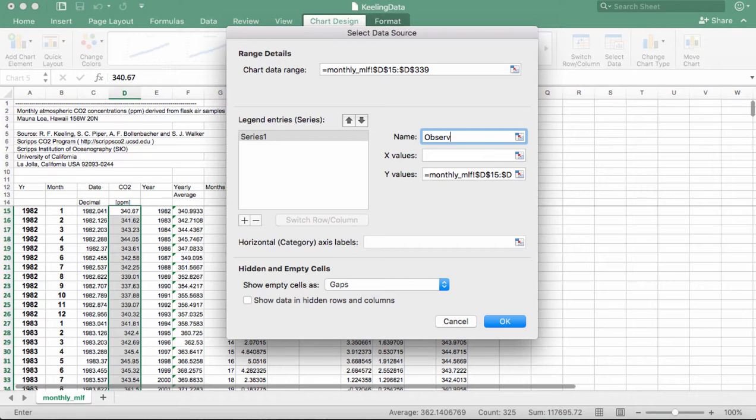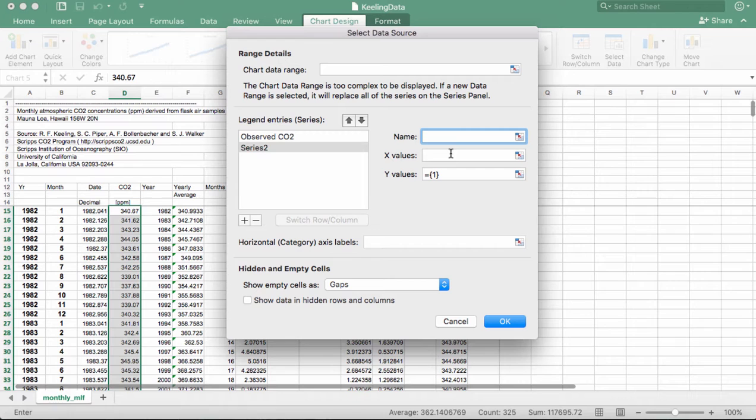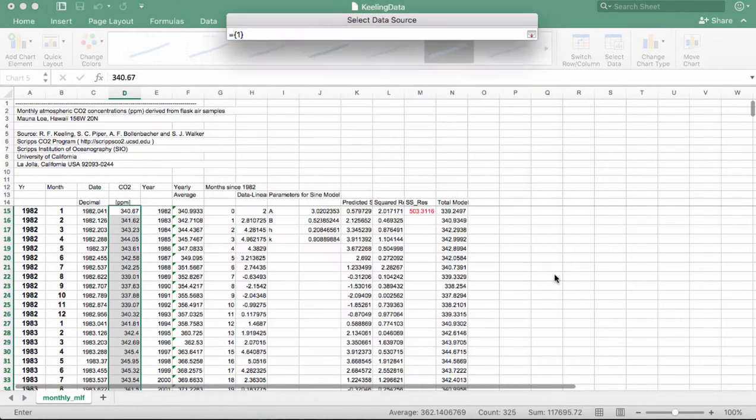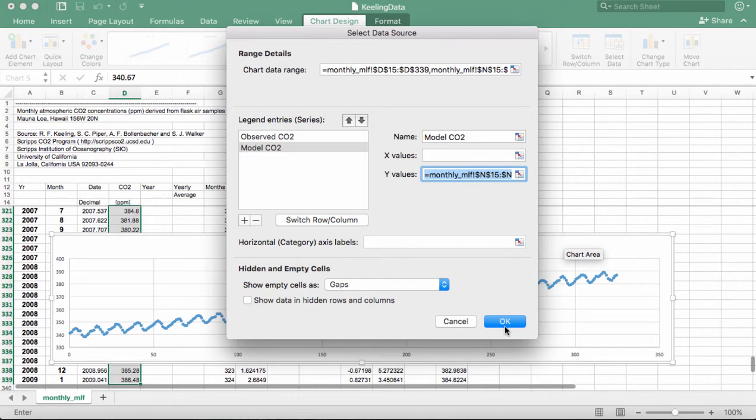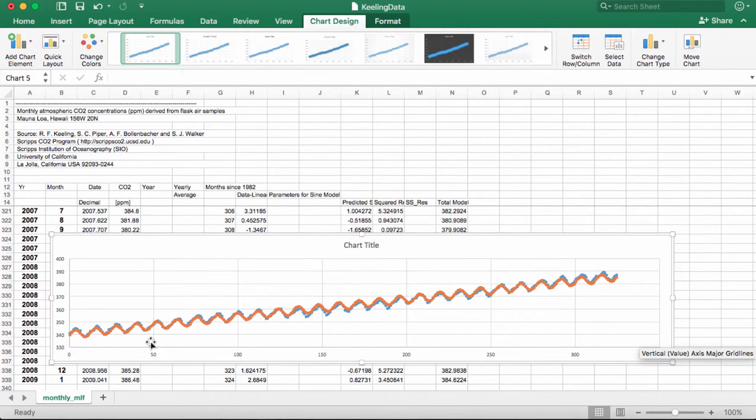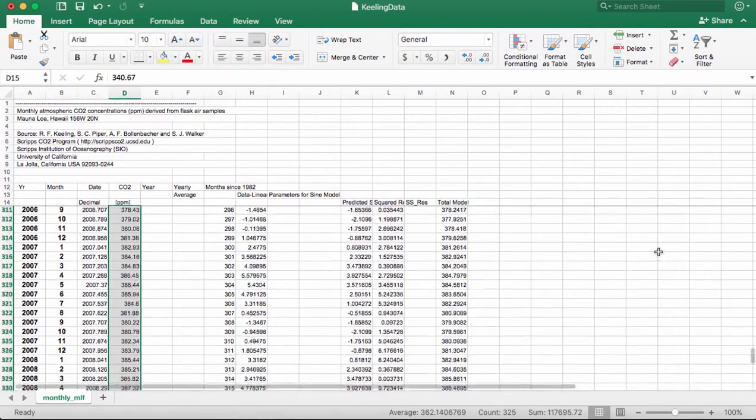So this was our observed CO2, and we've got the model CO2, and that's coming from this piece. Click OK, and notice that we do a pretty good job. We only see some blue peeking out here and there, but otherwise our orange stuff matches up pretty well with the blue stuff. So altogether, a super solid model.